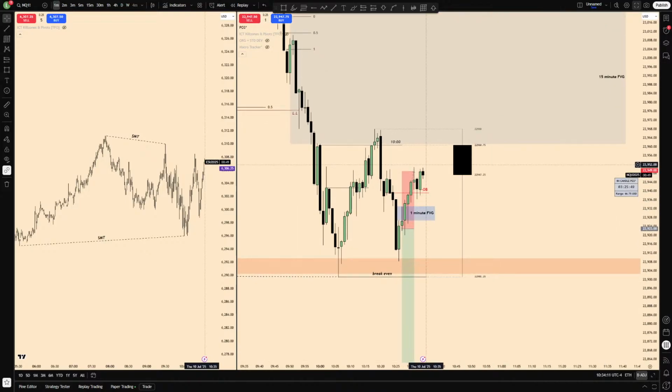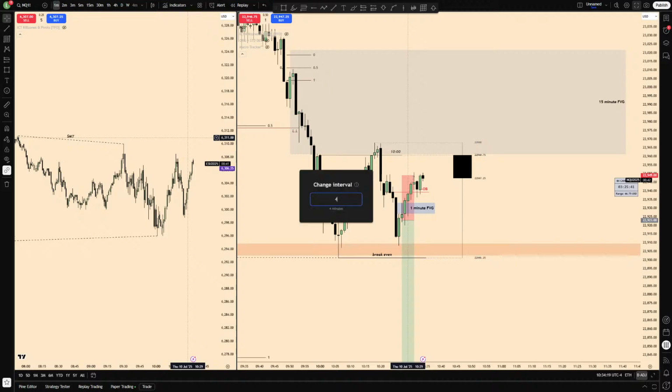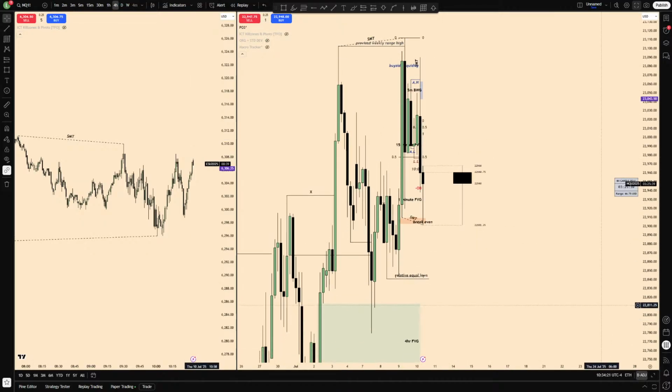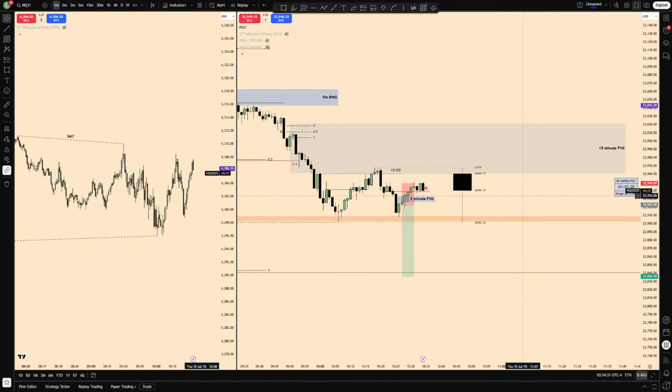Yeah, YM's back up at the highs again. A lot of people just took the short in the consolidation, and just yeah, when you took it.